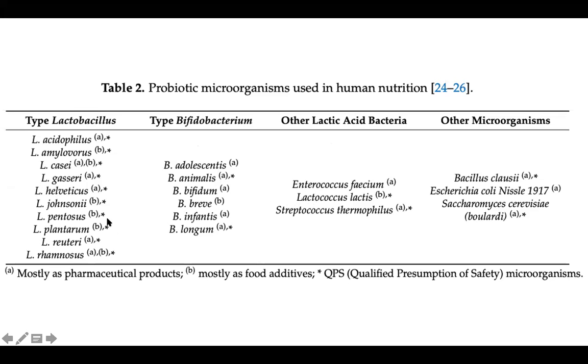Lactobacillus is also called lactic acid bacteria because they can produce lactic acid. Enterococcus, Lactococcus, Streptococcus thermophilus, that means they can tolerate high temperature. And other microorganisms, Bacillus, Escherichia, Saccharomyces, a fungus also used as a probiotic microorganism for human nutrition.